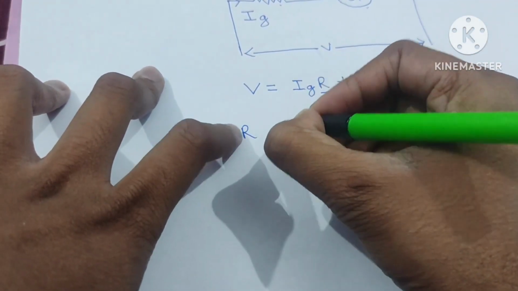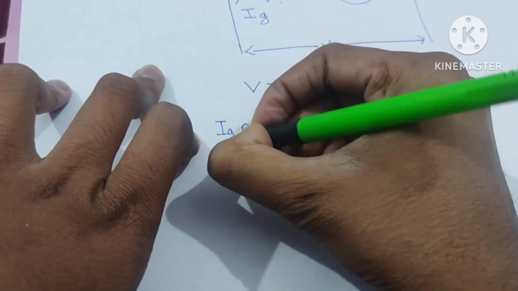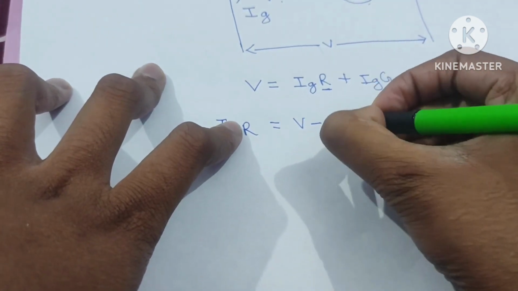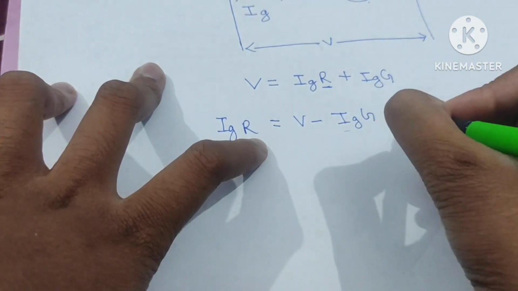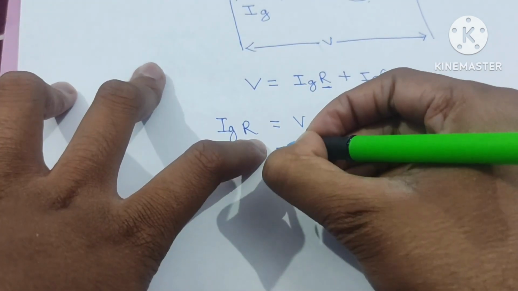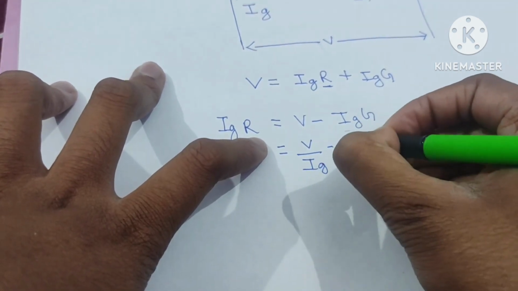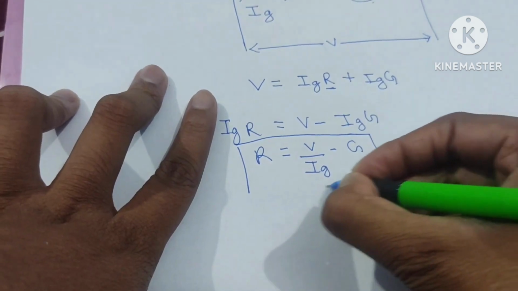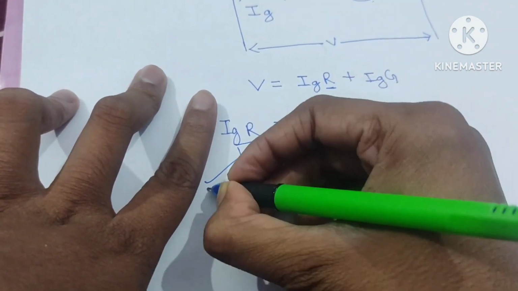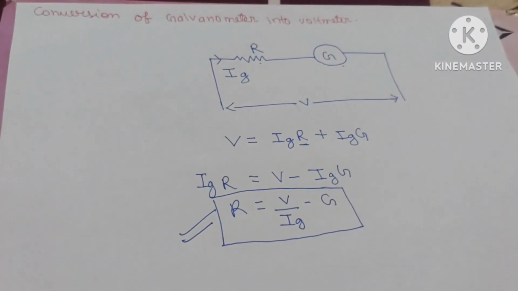To find the R resistance, what we need to do is subtract V minus I G G. Now divide by I G to its right side. So while dividing, we get this, so this is R, this is what we are going to find. So that's it, this is all about.